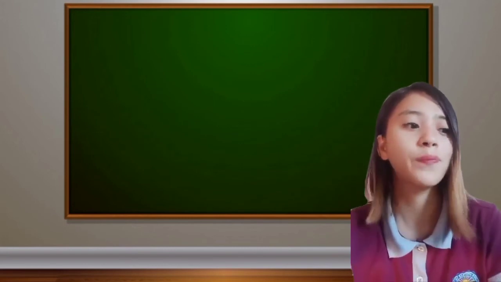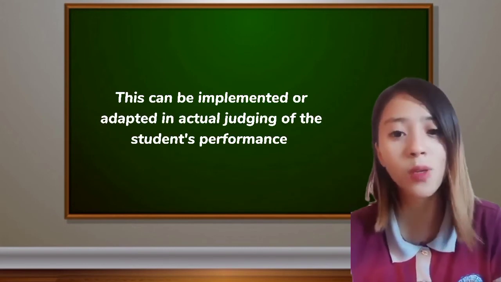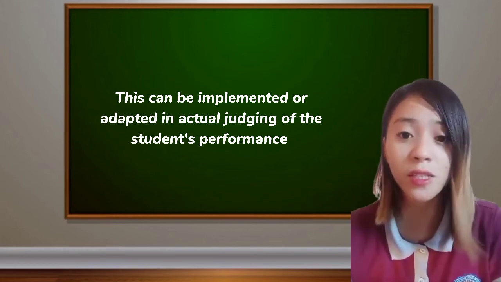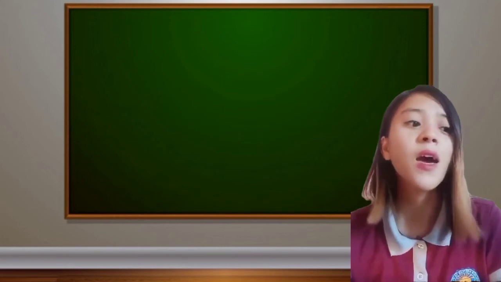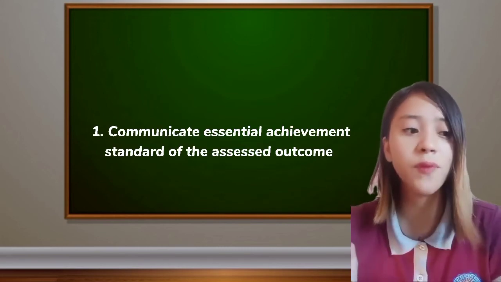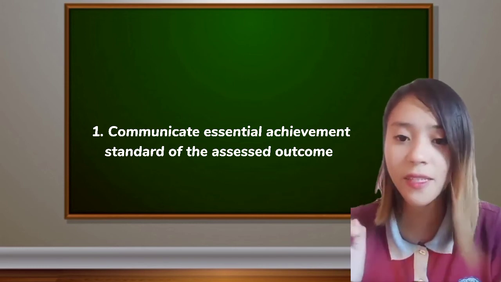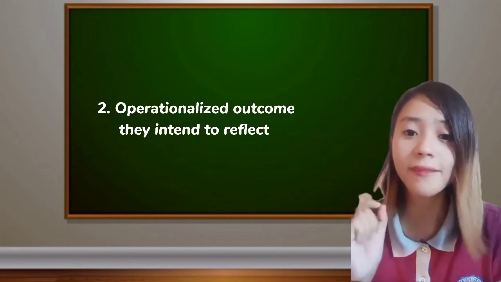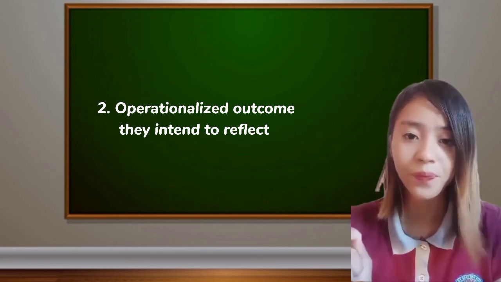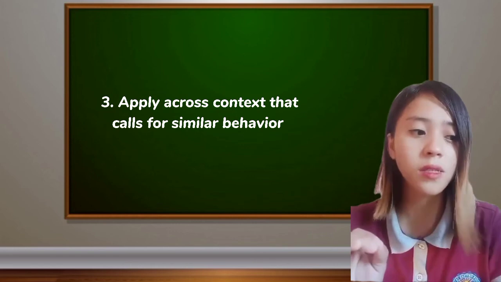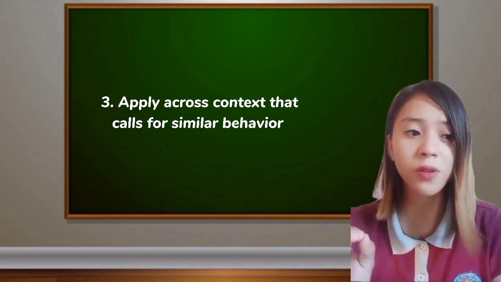These guidelines for good judging criteria can be implemented or adapted in actual judging of the student's performance. First, communicate essential achievement standard of the assessed outcome. Second, operationalize the outcome they intend to reflect. Third, apply across contexts that call for similar behavior.